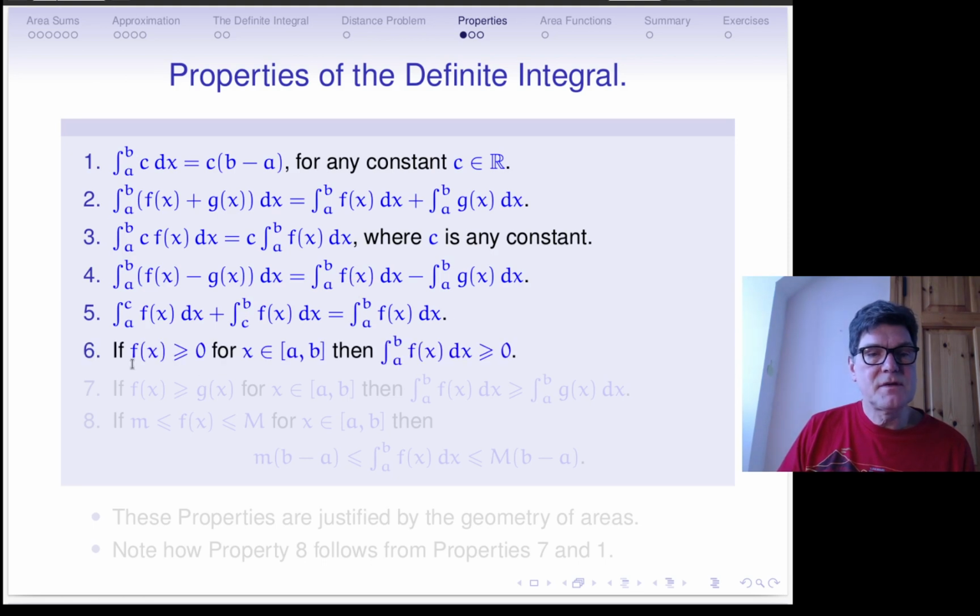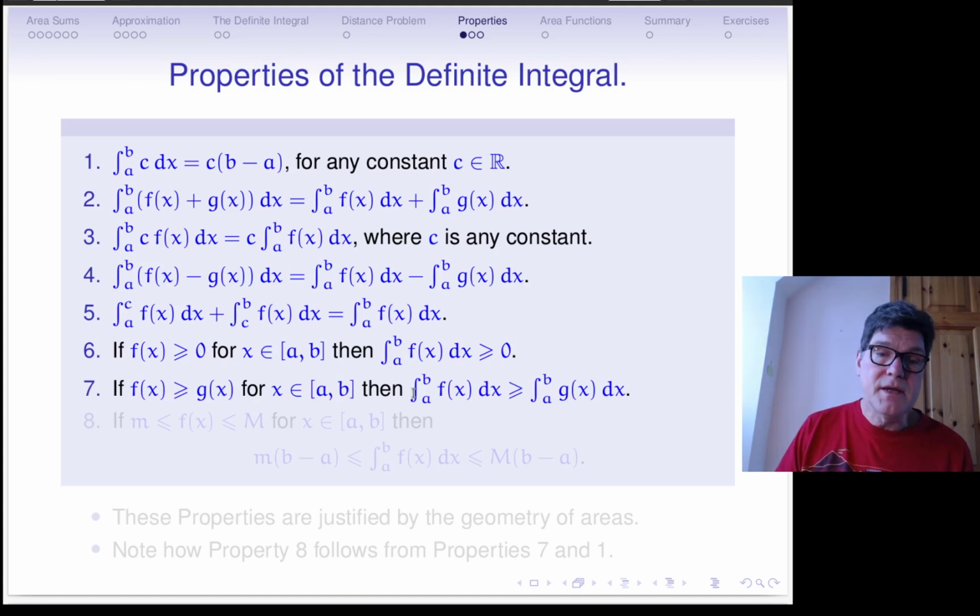Number 6, if f of x is greater or equal 0 for all choices of x over the interval from a to b, then the integral from a to b f of x dx will be greater or equal 0. More generally, number 7, if f of x is greater or equal g of x over this entire interval, then the integral over f of x will be greater or equal than the integral over g of x.